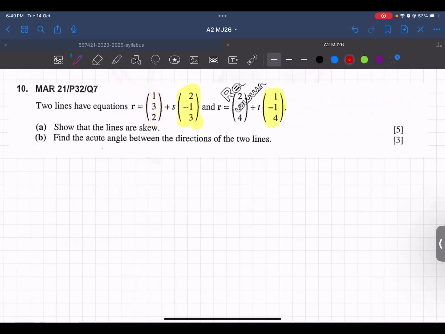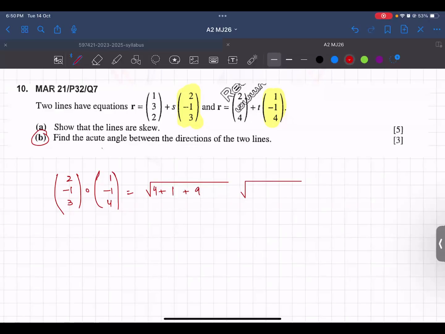So you would take these two things. So (2, -1, 3) dot, I'm doing part B, dot (1, -1, 4) is equal to the magnitudes. So square root 2 square is 4, 1 square is 1, 3 square is 9, square root 1 plus 1 plus 16, into cos theta.